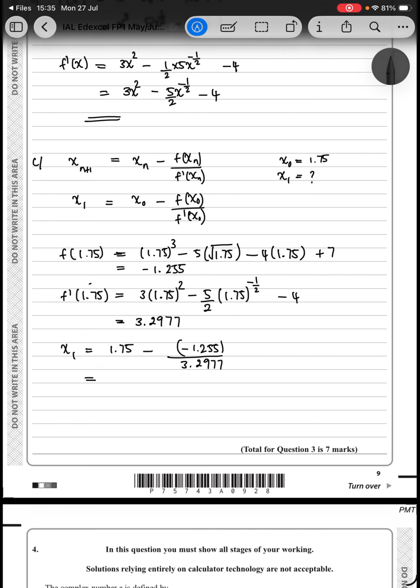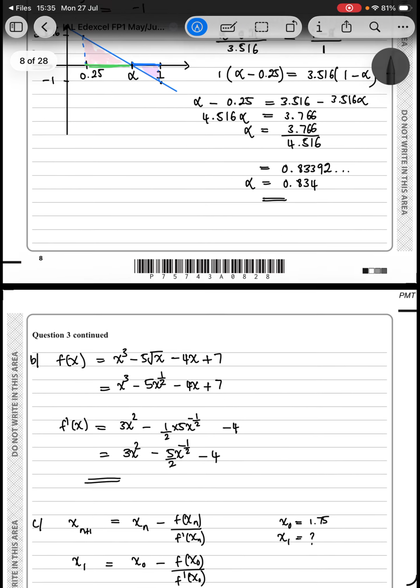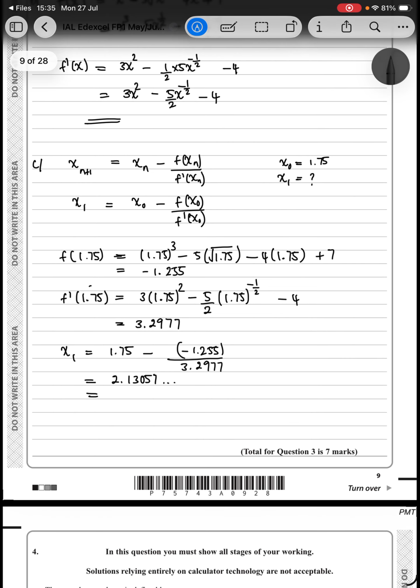That gives us 2.13057, and so on, but our answer has to be given to 3 decimal places. So therefore 2.131, which means beta is going to be 2.131 to 3 decimal places.